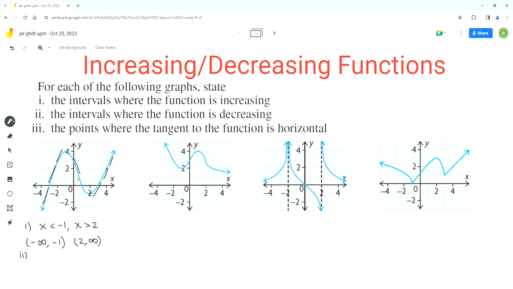All of these tangents drawn to this curve have negative slope. So the interval will be x is greater than -1 and less than 2. And in interval notation, we'll write it as -1 to 2.